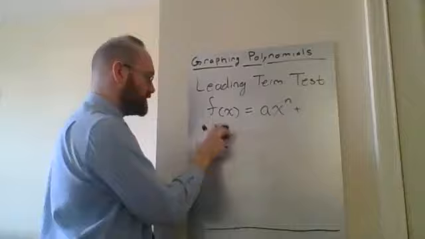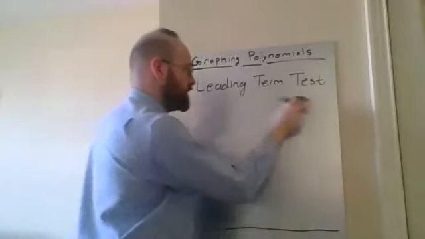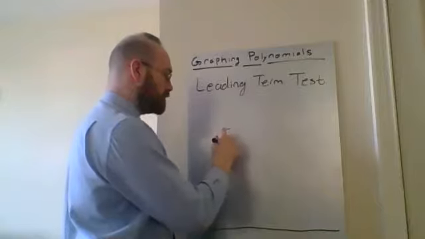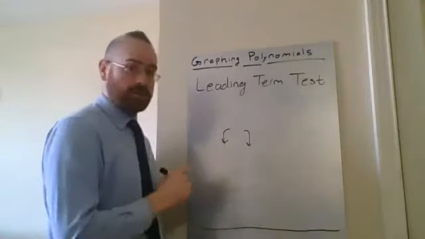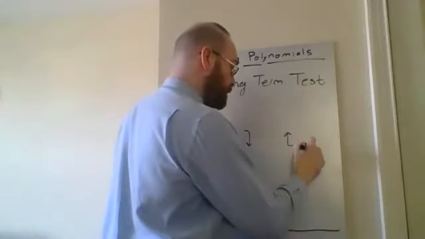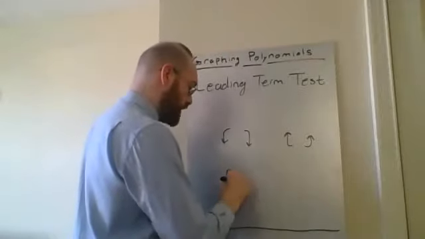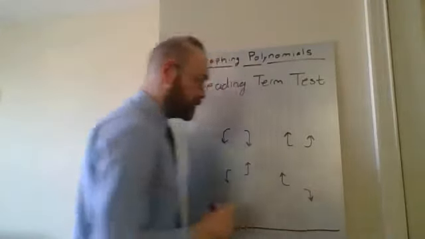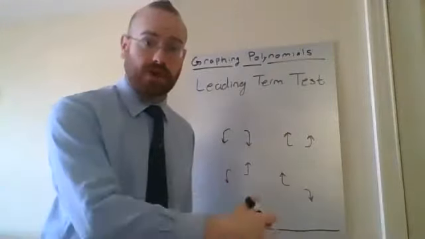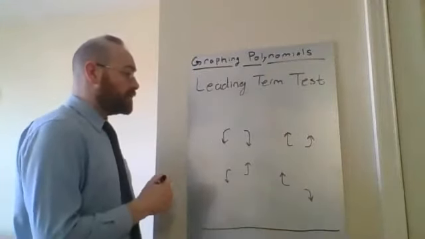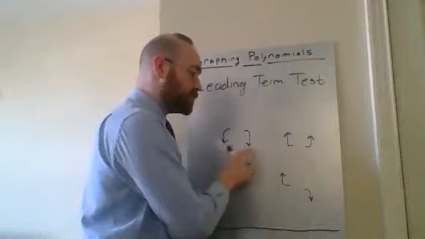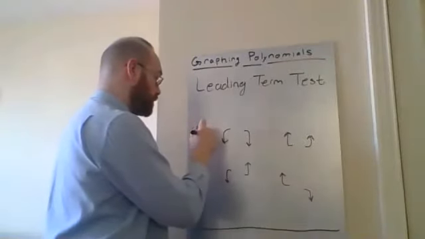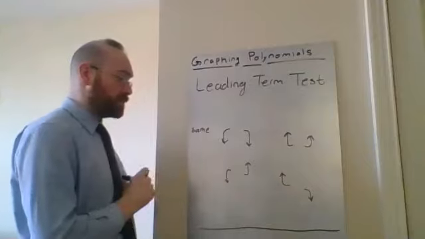So I'm going to erase this because we need this space. So we had both of them going down. We had both of them going up. We had one going down, one going up, then one going up and the other going down. Always describing it left and then right. So notice that these top 2 are both going in the same direction.